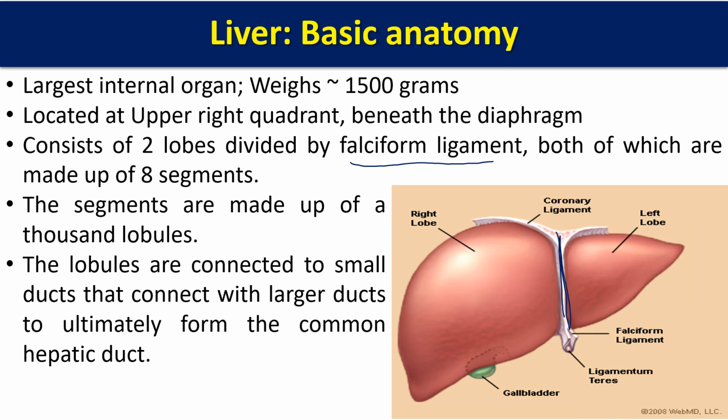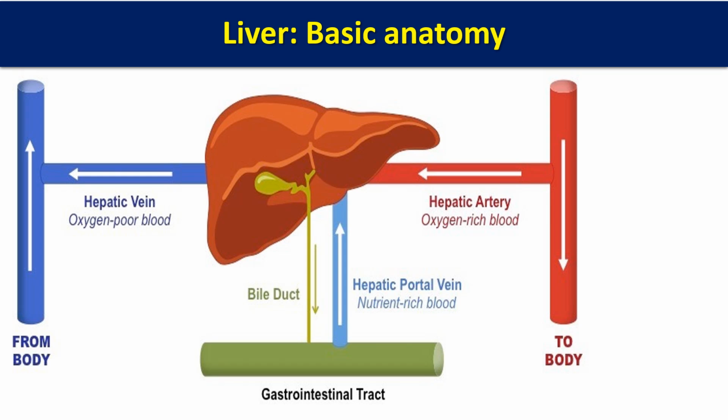These lobules are connected to small ducts. From each lobule, all the secretions are collected into small ducts, and those small ducts are collected together into a larger duct, and finally form a common hepatic duct, which takes all the waste products and secretory products from the liver to outside the liver.